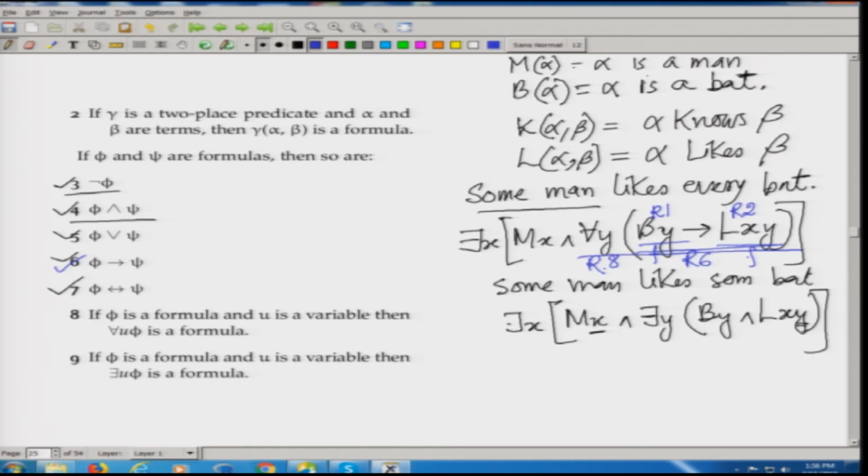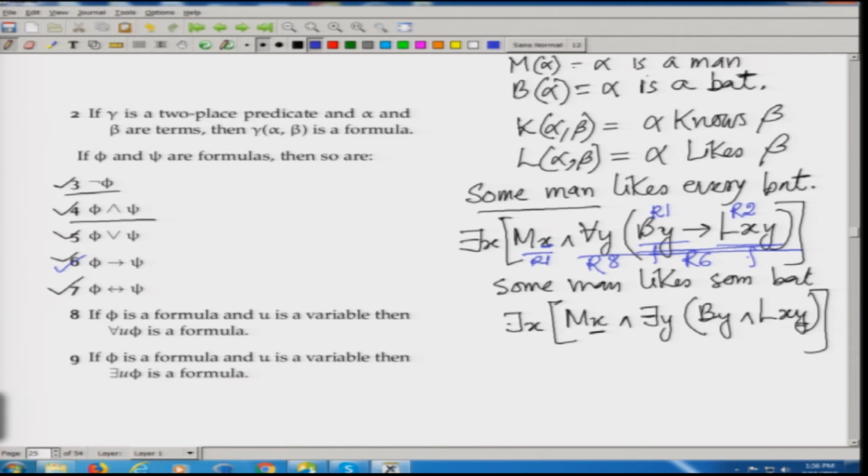If it is a formula, then so is for all y, because y is a variable. So, by using rule number 8 we can construct this, and then by using once again rule number R1, that is the first rule, we can construct this. This is a one-place predicate and this is an individual variable.